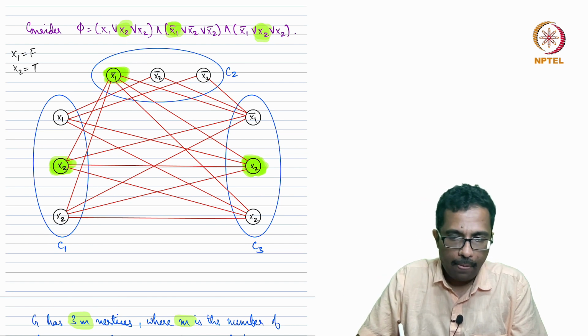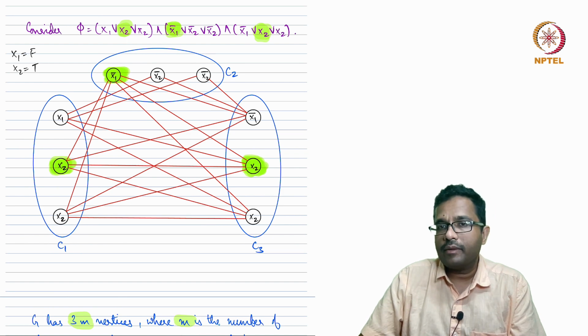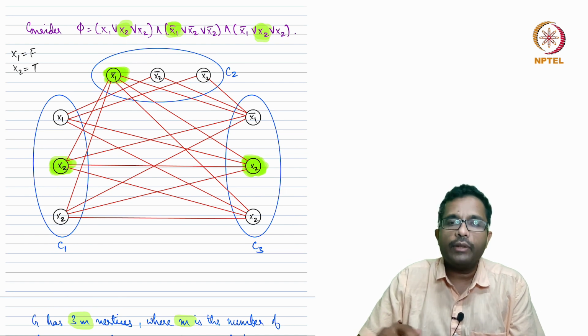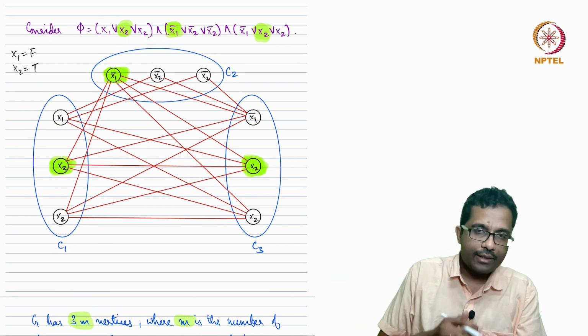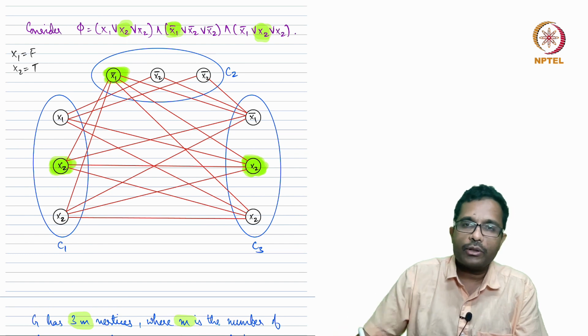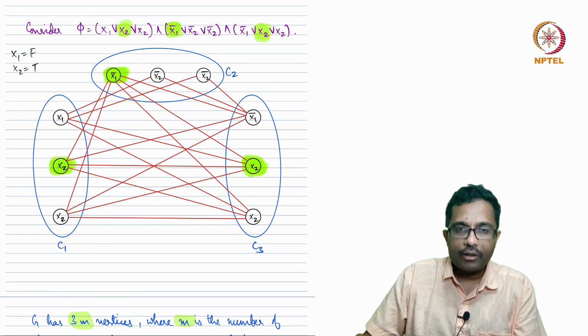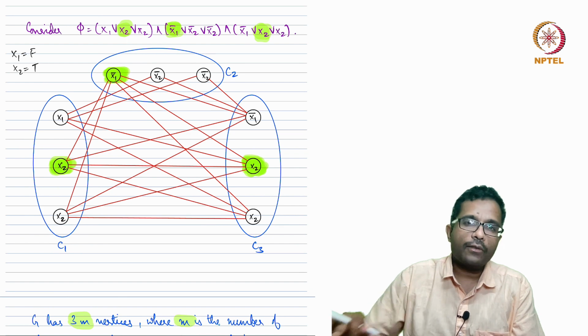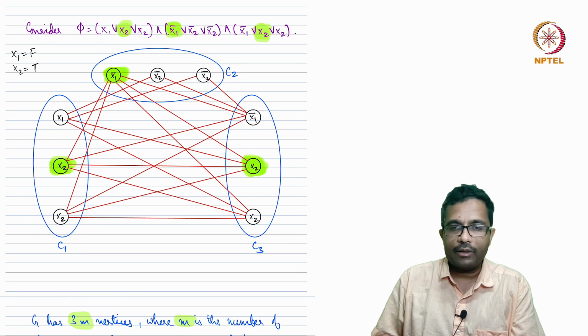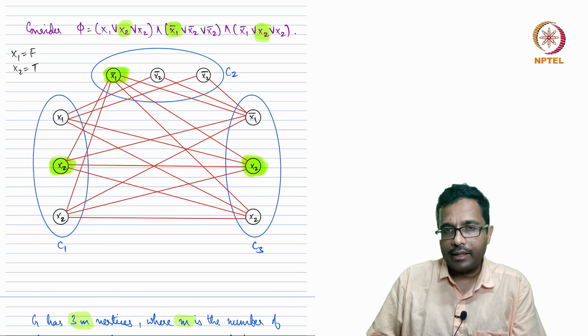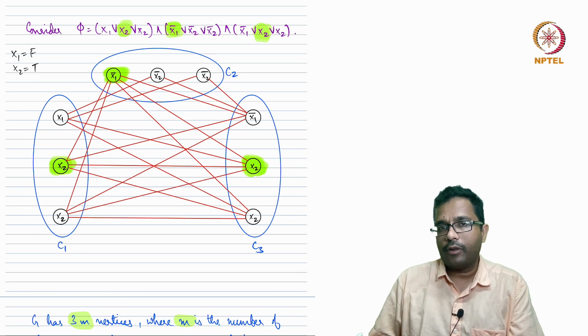And now we just select those groups, and because we did not put edges between xi and xi complement, we know that all these selected vertices, or the literals that correspond to them, are not conflicting, and we can set all of them to be true. So suppose x1, x2, x3 complement, x4 complement are picked, then we set x1 and x2 to be true and x3 and x4 to be false.